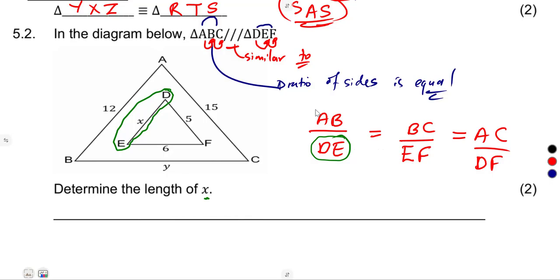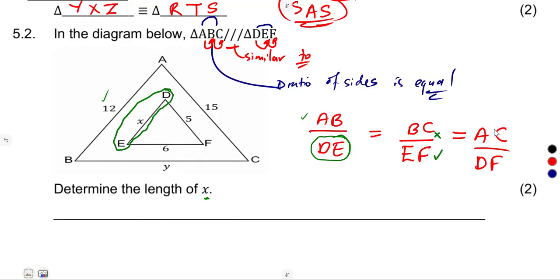From where? AB over DE. Do we have AB? A to B, it is there. All right. BC, do we have BC? BC is unknown. We do not have this. It's Y there. So we cannot take this one because it's not complete. E to F, yes, there's something there from E to F, but we do not have BC.